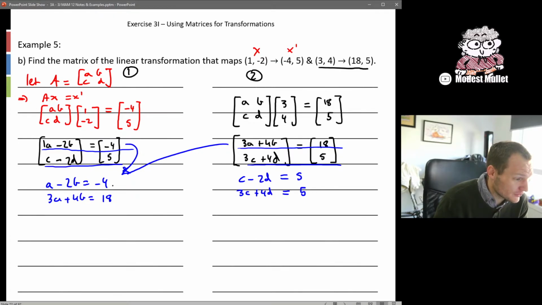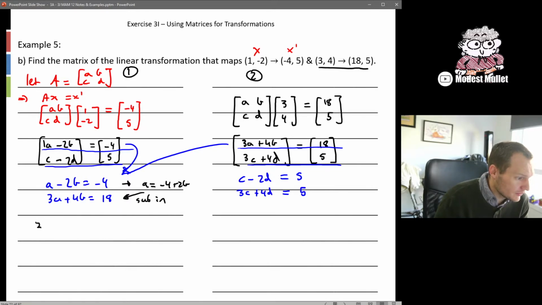We've got a minus 2b, and then 3a plus 4b. We could do elimination or substitution. I'm going to rearrange this first one to get the a by itself, so we get a is equal to -4 plus 2b, and sub that in.